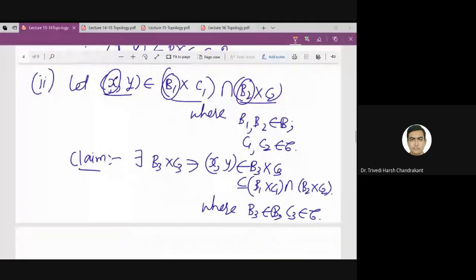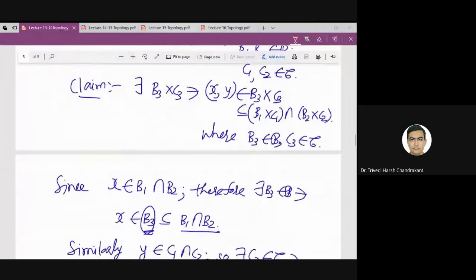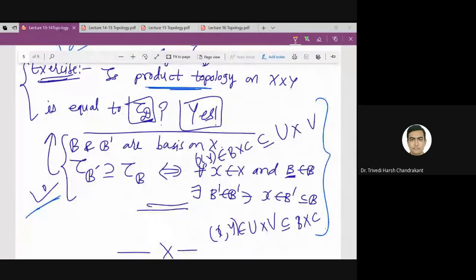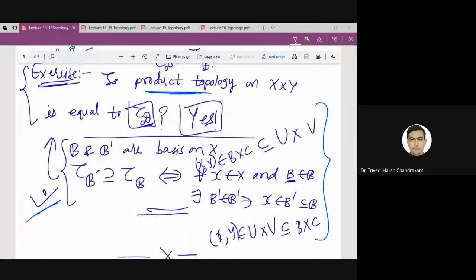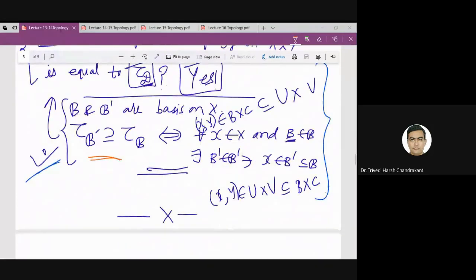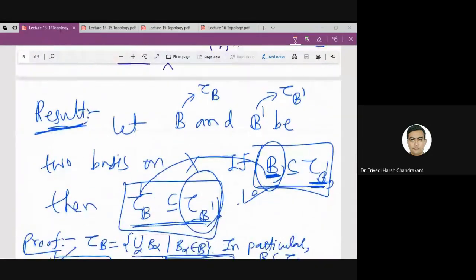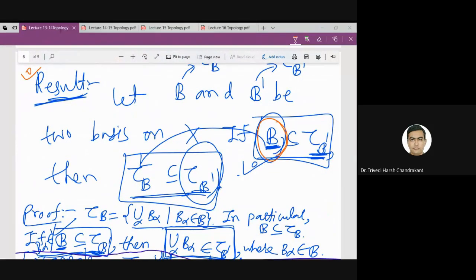So basis we already checked, but the second part was given as an exercise, and the exercise can be done using either this result, and in particular using a small result that says that if one basis is contained in the topology generated by another basis, then the topology generated by the first basis is a subset of the topology generated by the second basis.